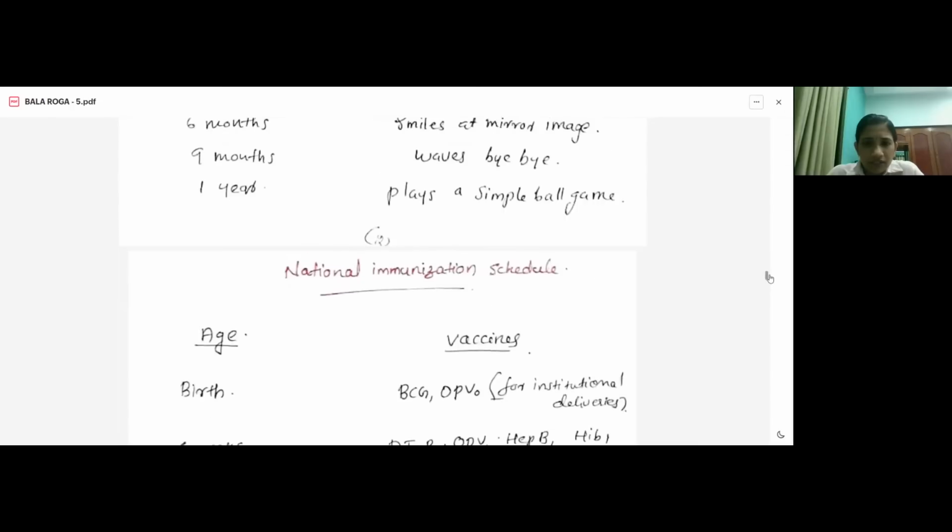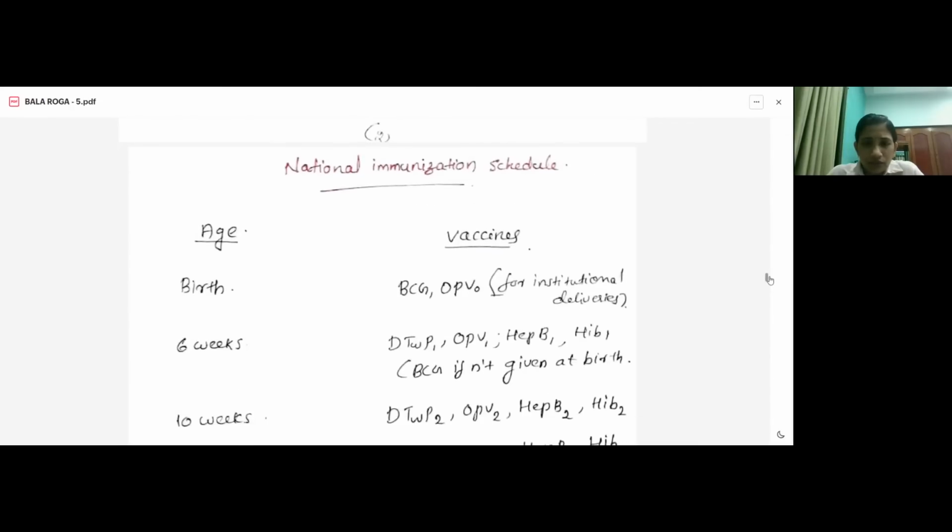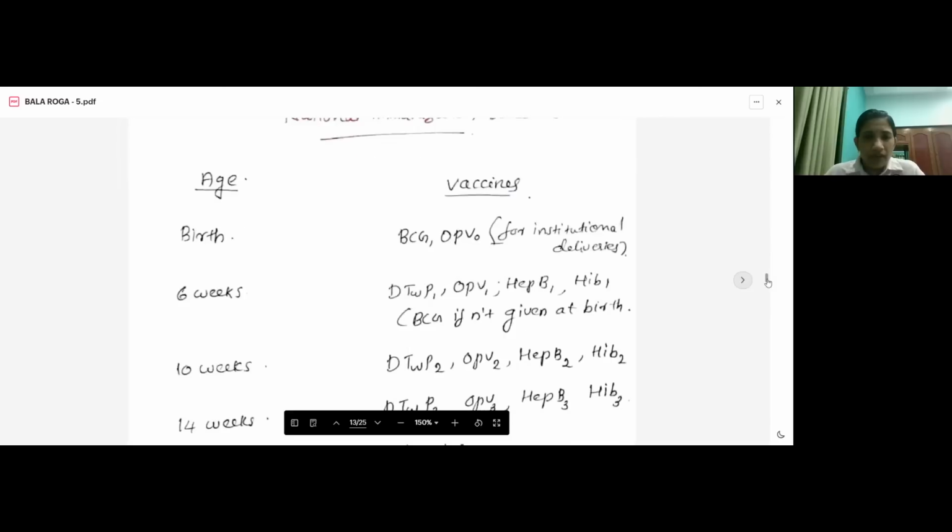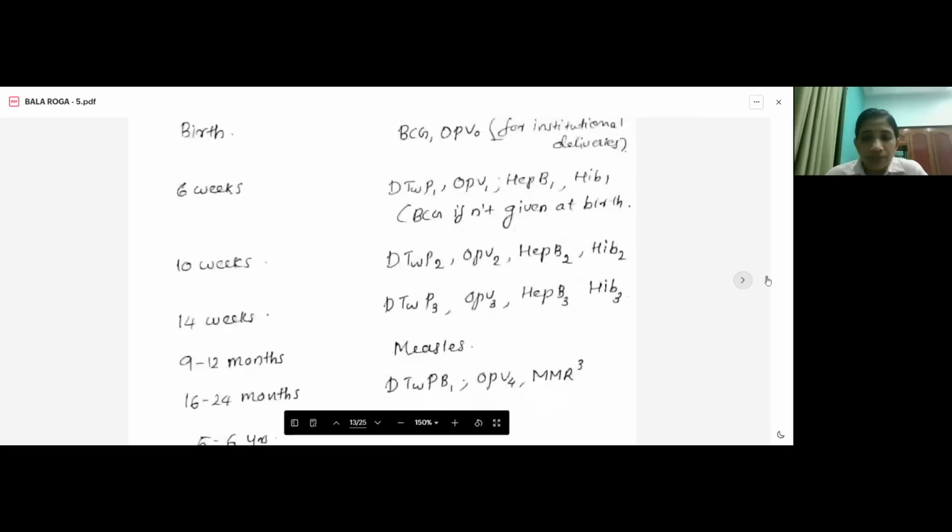This is the immunization schedule. You are aware of it, and you have to learn this by heart. At birth, the vaccines given are BCG and OPV, and in the 6th week, DTP1, OPV1, hepatitis B1 and HIV1. In 10 weeks, DTP2, OPV2, hepatitis B2 and HIV2.